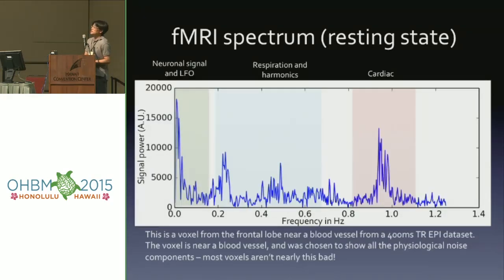Okay, so here I'm giving you several examples of how to filter the data. This is the spectrum of resting state data taken using a multi-band sequence. The TR in this acquisition is 400 milliseconds. Because we have such a small TR, we're able to fully sample all the physiological noise up to 1.25 hertz.